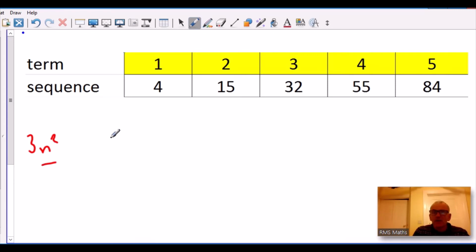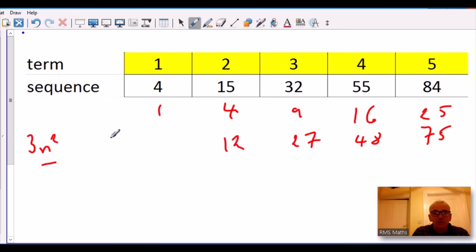So remember, what we do is write out our square numbers, 1, 4, and so on, and hopefully it stops you making an error. If I multiply all of those by 3, there we go: 3, 12, 27, 48.